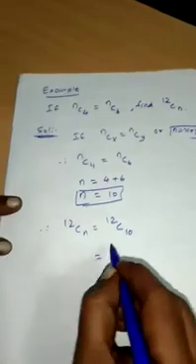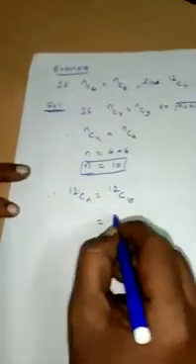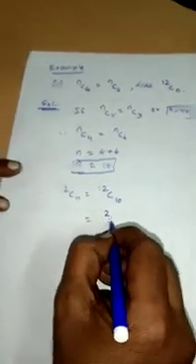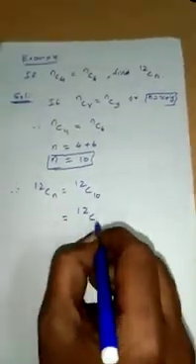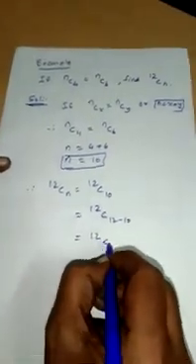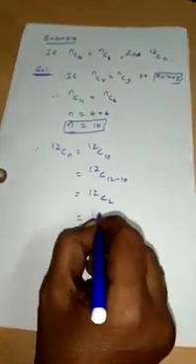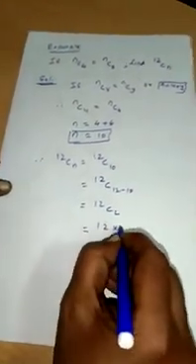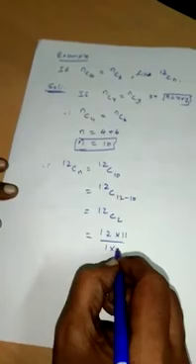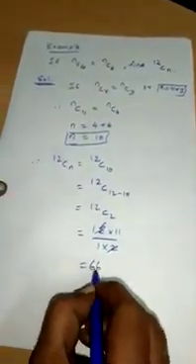By property, we can change it as 12 minus 10. Therefore, 12C2. 12 into 11 by 1 into 2, 6. Therefore, 66 is the answer.